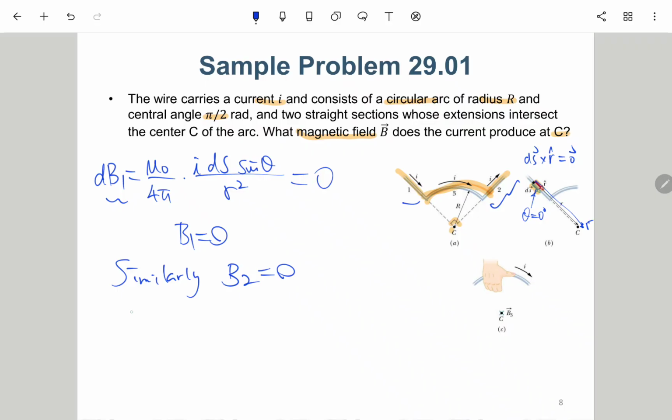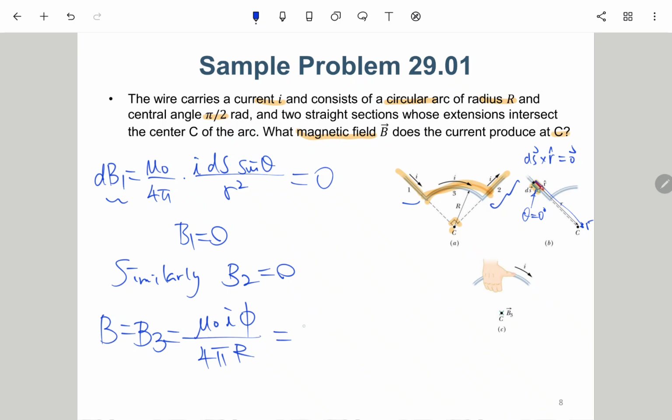So finally, B is equal to B3, which is mu 0 I phi over 4 pi R, what we derived on the previous page.